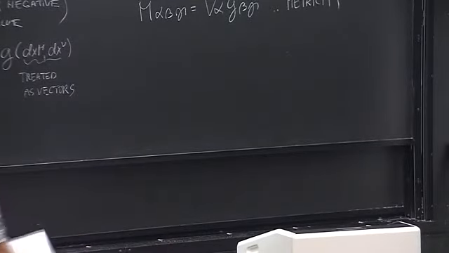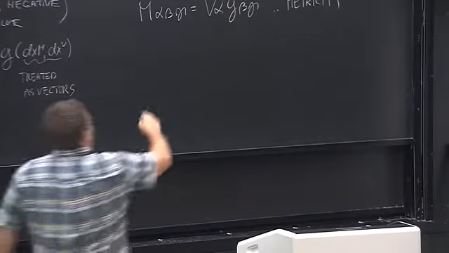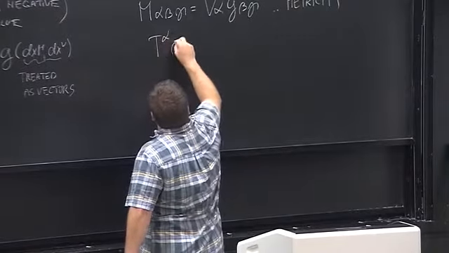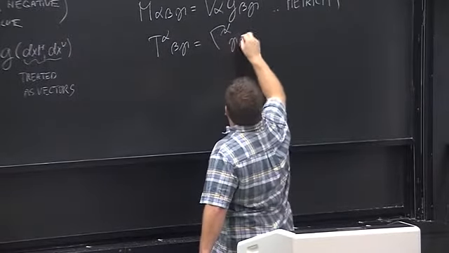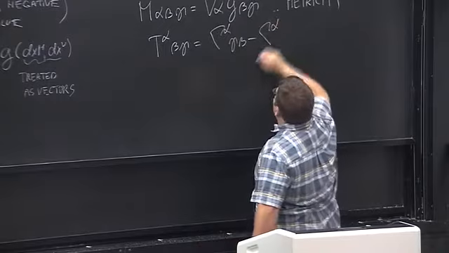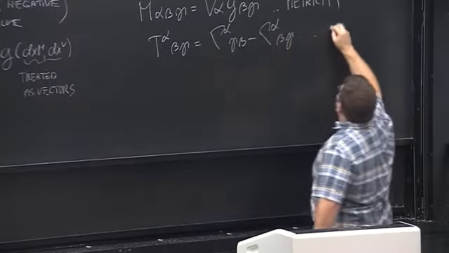It's a covariant derivative acting on a (0,2) tensor, which gives me a (0,3) tensor, and it's the metricity. Then I have another tensor, which is the torsion tensor. So I have the torsion as well: T^alpha_beta gamma equals Gamma^alpha_gamma beta minus Gamma^alpha_beta gamma, which is the torsion.